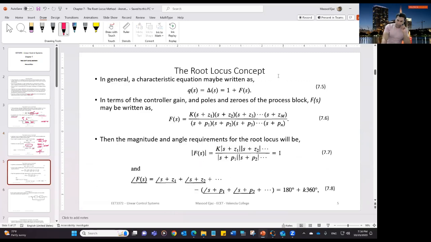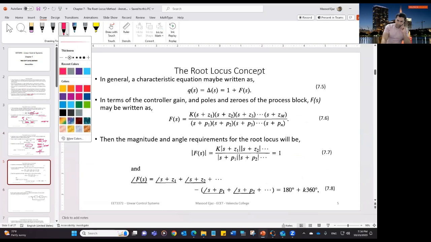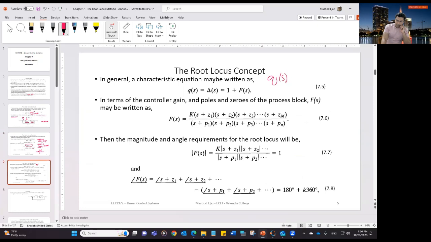Okay, so our QS, the denominator of the transfer function, is 1 plus KGS. So for QS, I'm writing 1 plus FS. FS is basically your KGS.